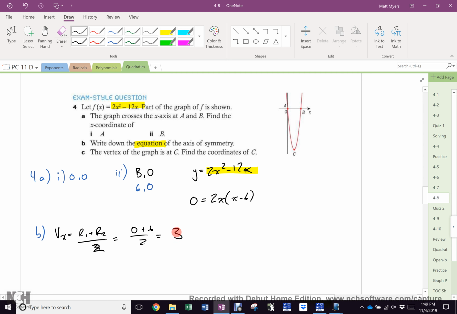Is that the equation? No, that's just the vertex x value. How do I make it the equation? X equals 3, because that is the equation of that line.